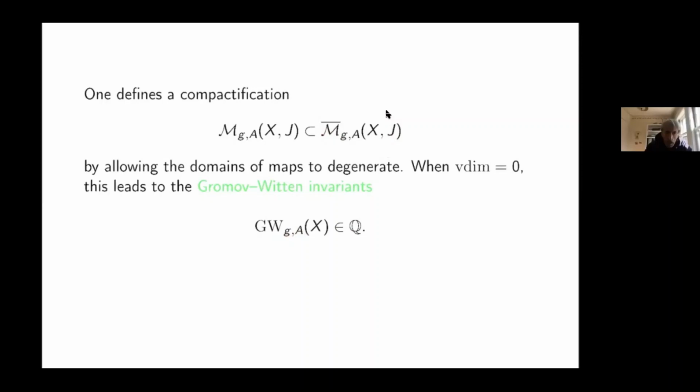So this is one way in which you can make this problem of counting pseudo-holomorphic curves precise. You embed your space of curves into the space of maps, then you compactify the space of maps, and you use the virtual fundamental class to define the Gromov-Witten invariant. In the end, you show that this invariant does not depend on the choice of almost complex structure, as long as it's compatible with the symplectic form.